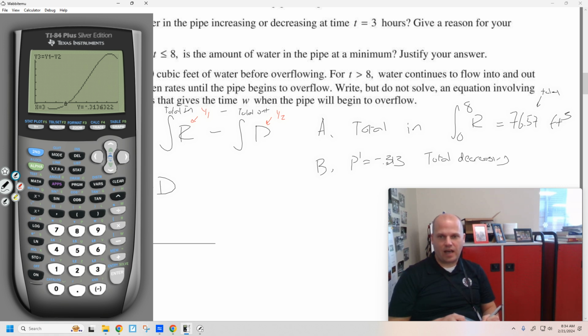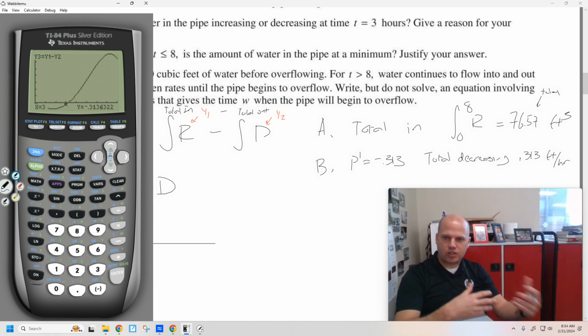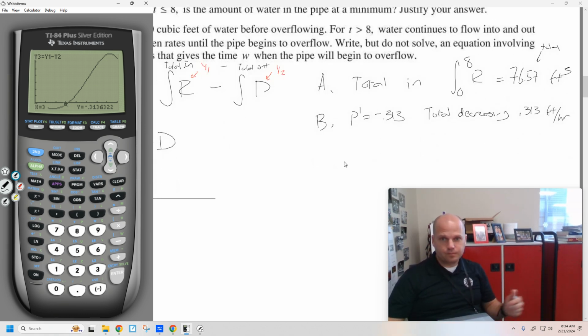This is a velocity value, 0.313 feet per hour. Right? It's a rate of change. Feet per hour, it's a velocity, it's a derivative. Remember when we first interpreted derivatives? The derivatives are like an amount that the original function is increasing or decreasing, y's per x. Well, now y's are feet, x's are hours. That's one way we could do it. We could just say P prime is negative. I don't care about the value. They didn't ask you for the value. Since P prime is negative, P is decreasing.